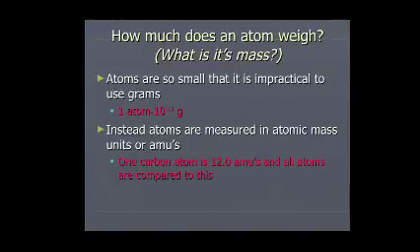How much does an atom weigh? Atoms are very small particles. Atoms are so small that it is impractical to use grams; one atom weighs about 10 to the power of minus 23 grams.